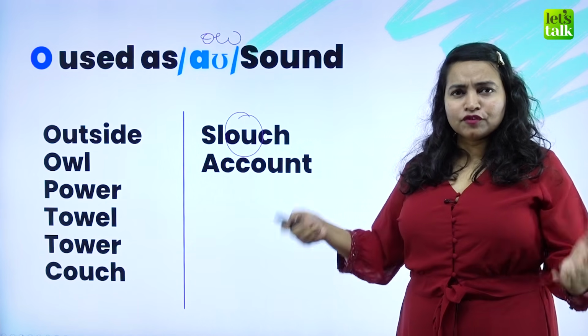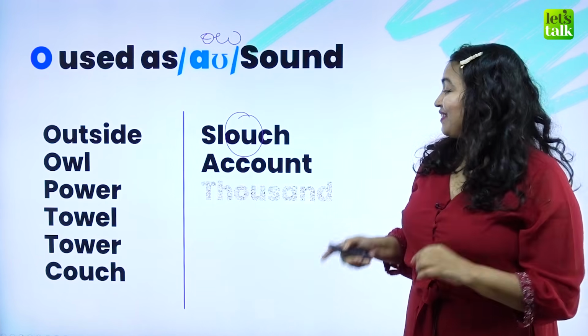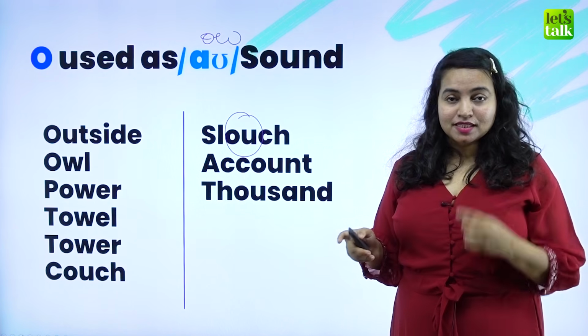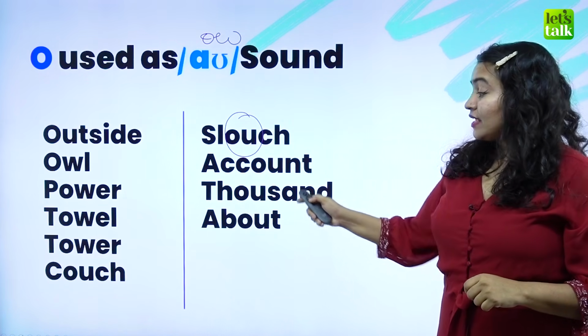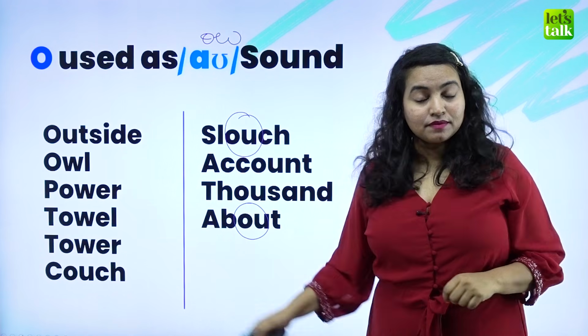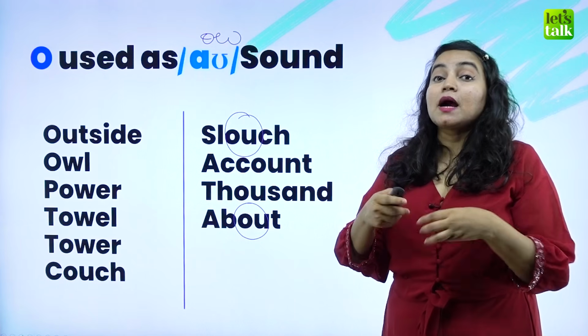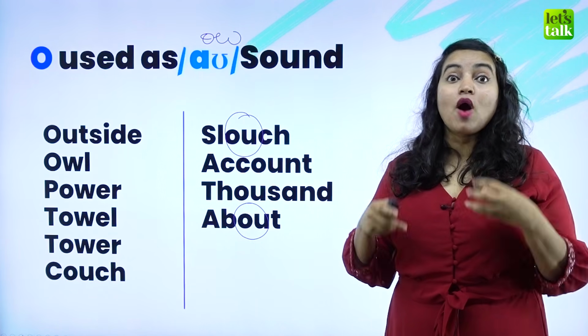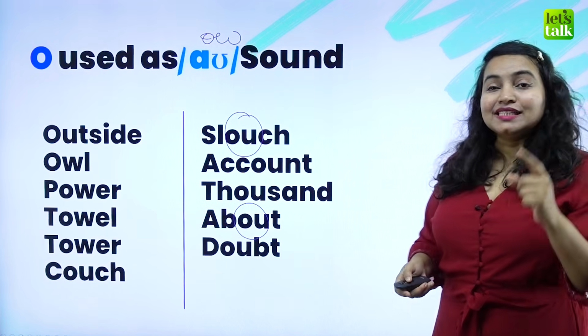Account. All of you probably have a bank account. Okay, the next word, thousand. Thousand. The next word, about. A lot of people say about or about, but it's about. You have to open your mouth and go ow, about. The next word, doubt.